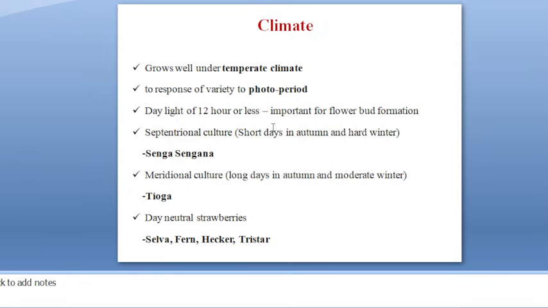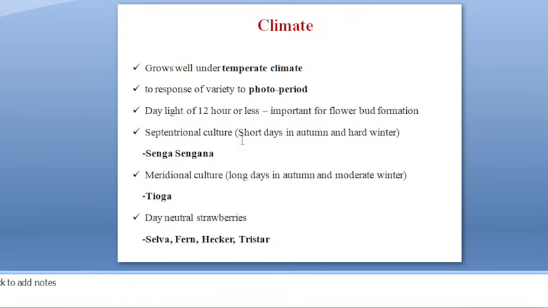Based on the temperature requirement, strawberry cultivars are divided into three types: septentrional cultivars, meridional cultivars, and day neutral cultivars.